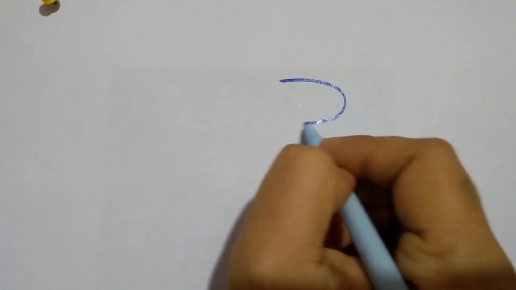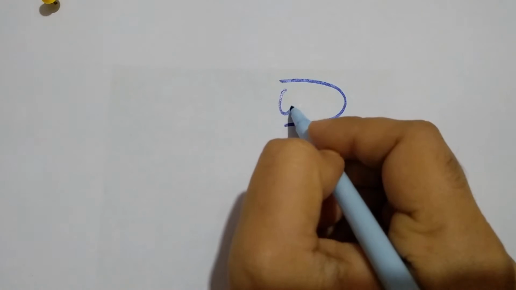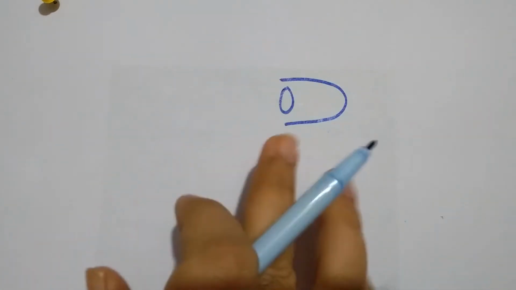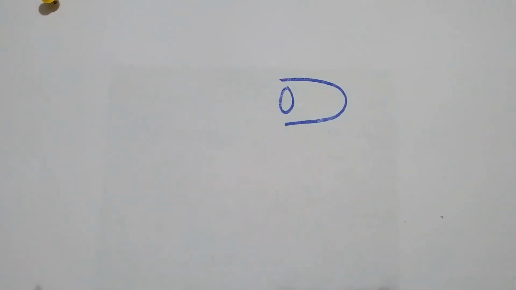Now let's understand the case of long-sighted eye or hypermetropic eye. Well friends, this is our eye. Let's suppose this is our eye, long-sighted eye.